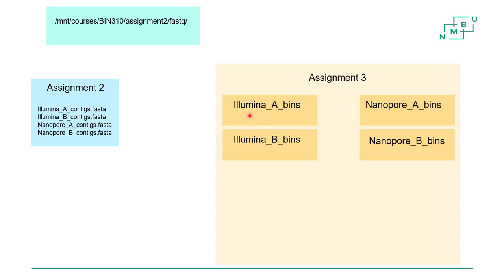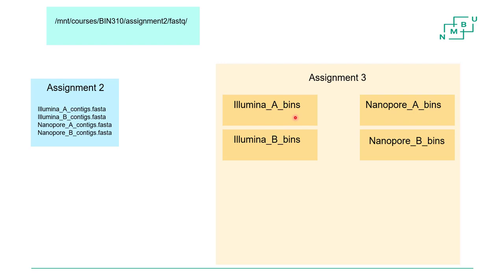And then you do the computation of mean coverage and variance of coverage and so on, like it says in the assignment 3 document, and store it in here as an abundance file or coverage file. I think we call it abundance file. It's a 4-column text file only, with 1 row for each contig, and then the contig name, sort of ID, then the length of the contig, the mean coverage of the contig, and the variance of the coverage of the contig.